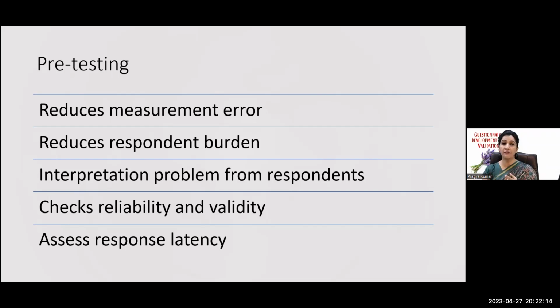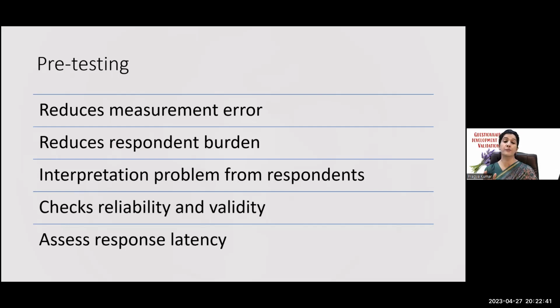We will perform the reliability and validity studies on a small number of subjects. Generally, we take a range of 12 to 50. In that, we also assess the respondent burden. What do we understand by respondent burden? If the questionnaire is very long, then definitely you will feel that it is too long and takes a lot of time to fill.